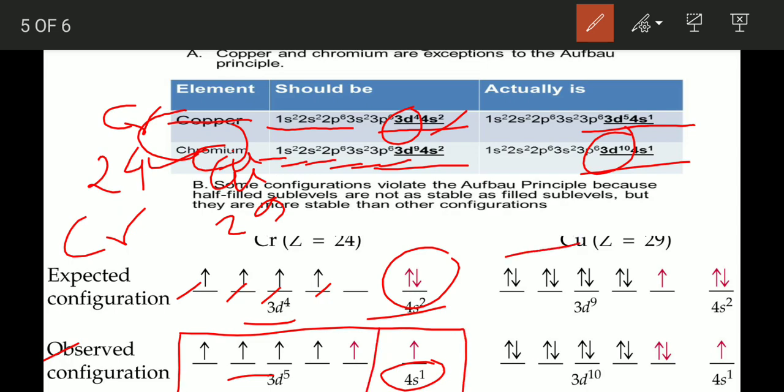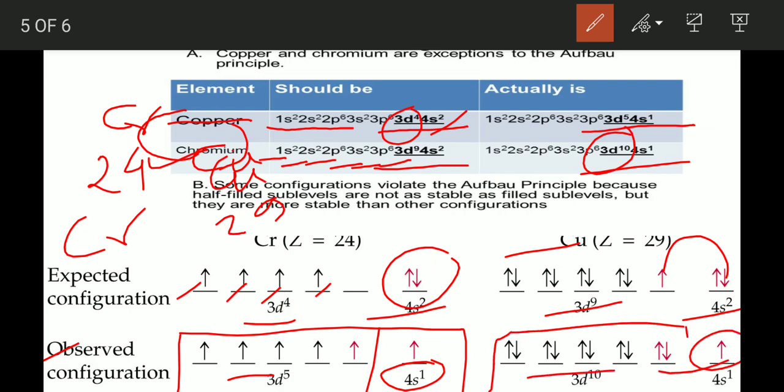Similarly for copper 29, its electronic configuration is 3d9 and 4s2. Now when one electron of 4s enters the 3d, it becomes 3d10 and 4s1. This one is a fully filled orbital, and fully filled orbitals are more stable. That's why it gets this anomalous electronic configuration.